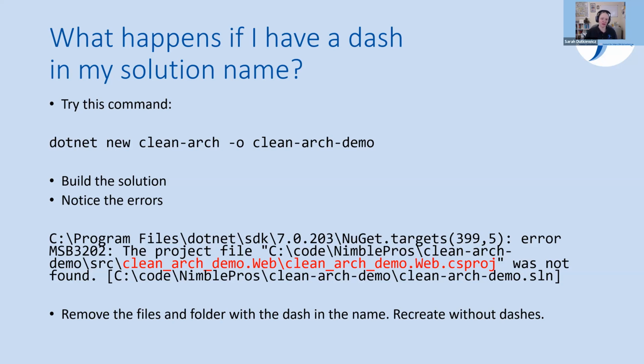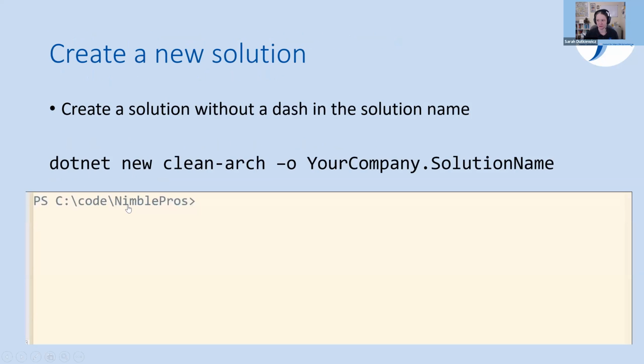Now today, because we're talking about starting from scratch, starting in a greenfield environment, you can just go ahead and remove the files and folder with the dash in the name and recreate it without the dashes. So for example, you might want to do something like this, where it's .NET new clean-arch -o, and then whatever your solution name is going to be.